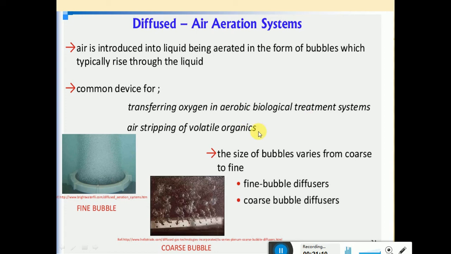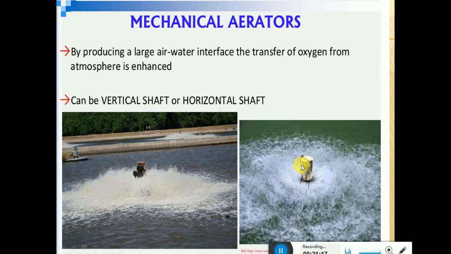So aeration is not only used in the treatment of water, it is also used in wastewater treatment processes. These are the mechanical type of aerators. What we do is we produce a large air-water interface, and the transfer of oxygen from the atmospheric oxygen here is enhanced. This is called an aerator, which is the mechanical type of aerator.